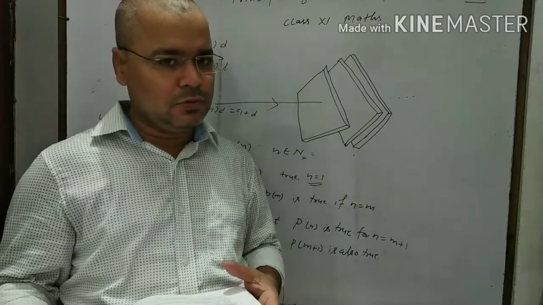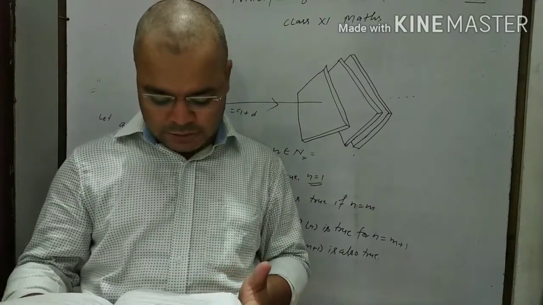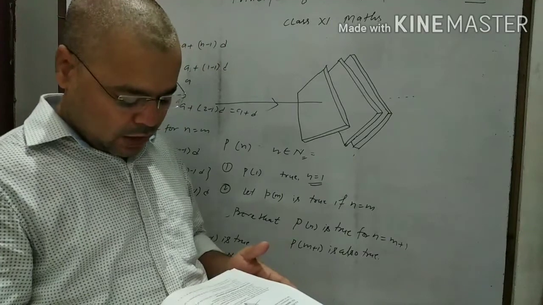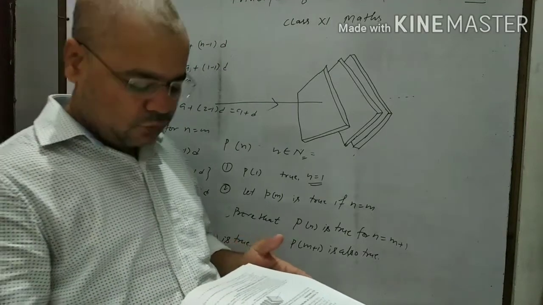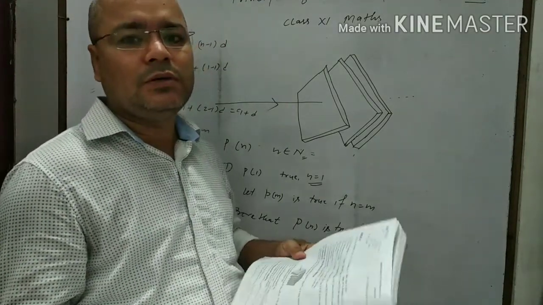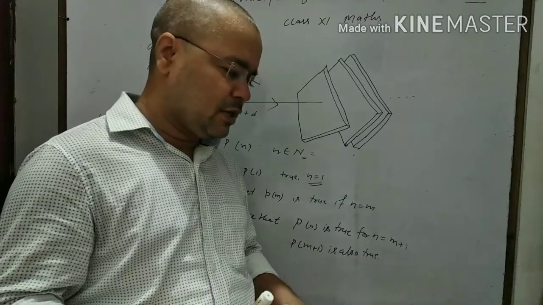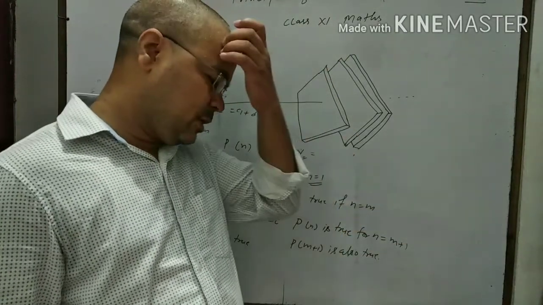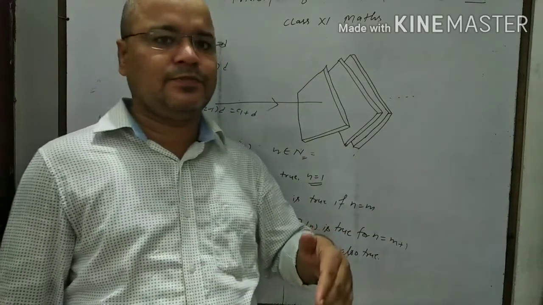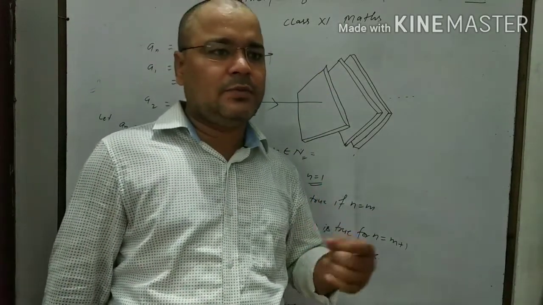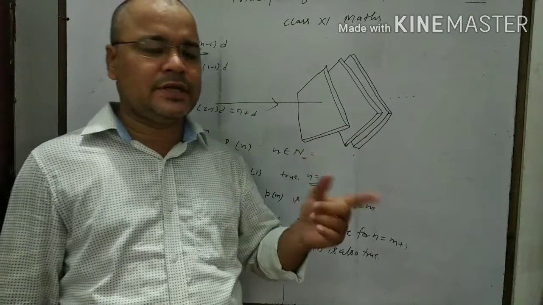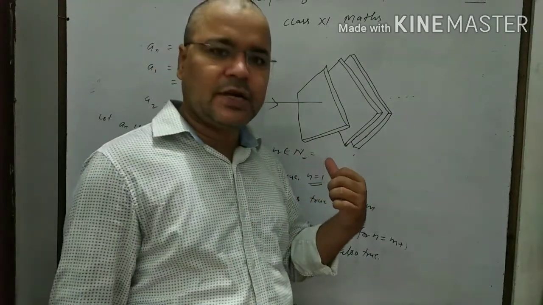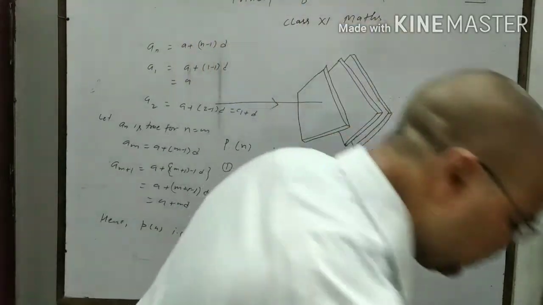We should assume this condition, and we also prove that the result is true for n equal to m plus 1 also. Means there are 3 possible cases. In these we have to prove that the given statement is true, and we will try to understand with the help of an example.